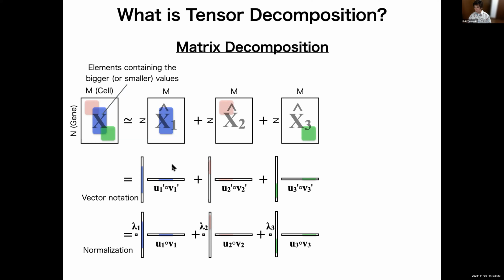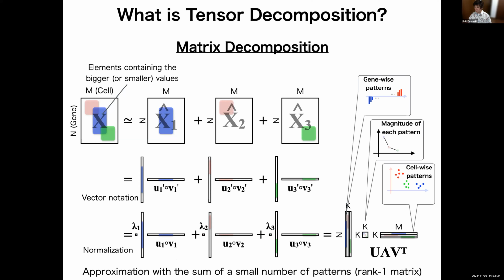We can normalize these vectors. After normalization, a scalar value can be extracted from these vectors. After setting these scalar values in the diagonal elements of this matrix lambda, we can formalize this decomposition as a product of three matrices like U lambda V transpose.